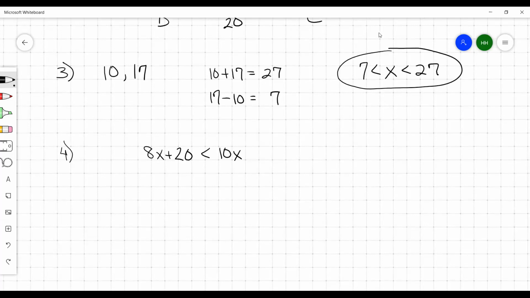Now, when you have variables on either or both sides of the inequality, you've got to write two inequalities. The 8x plus 20 has got to be less than 10x, and the 10x has to be less than 180.